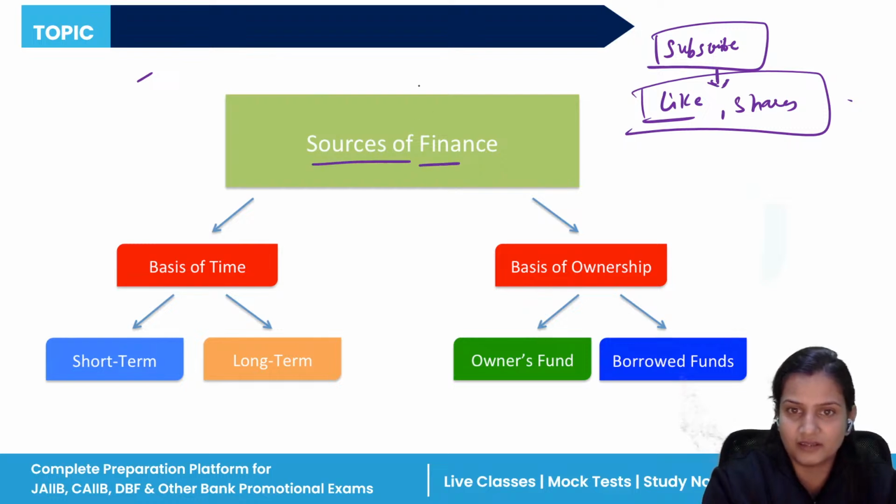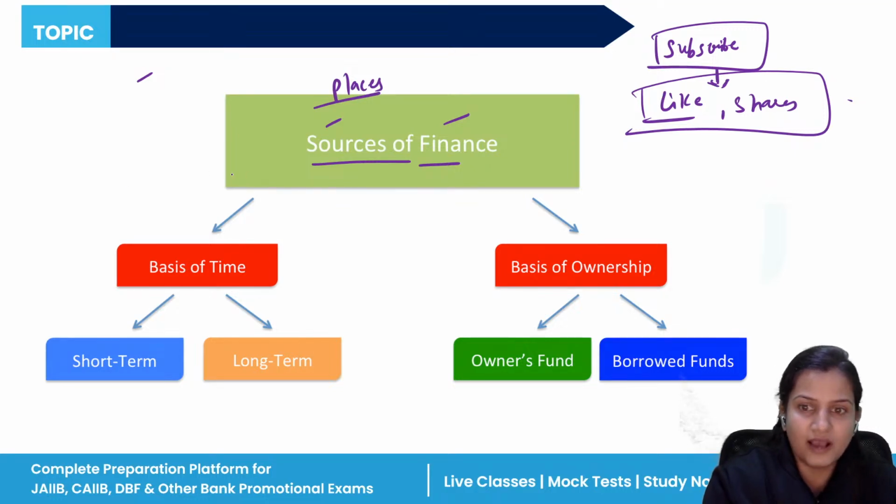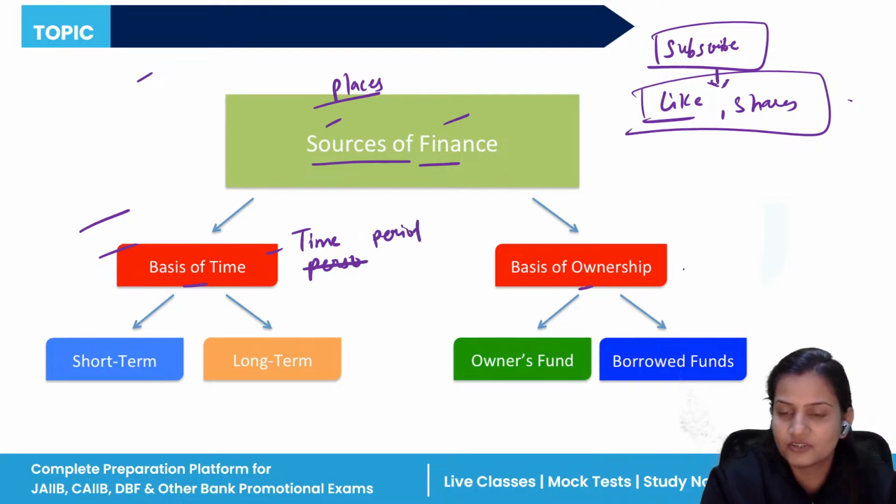So, sources of finance. Sources means the places from where we can arrange our funds, where we can arrange our finance. Clear? So, there are basically two types of sources: on the basis of time, that is the time period, and on the basis of ownership, meaning the owner.